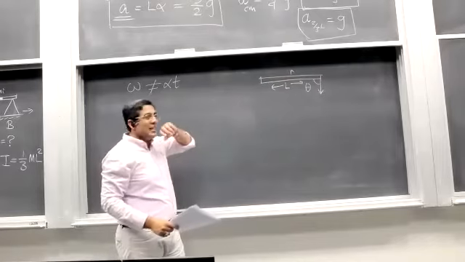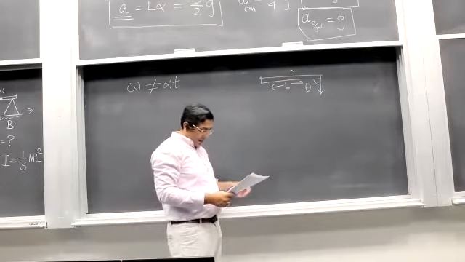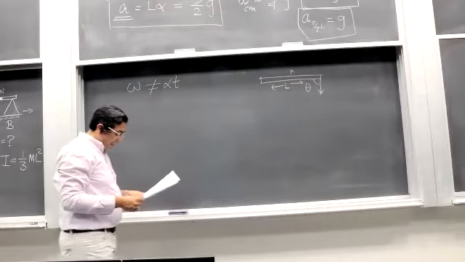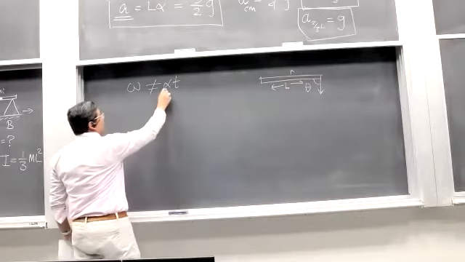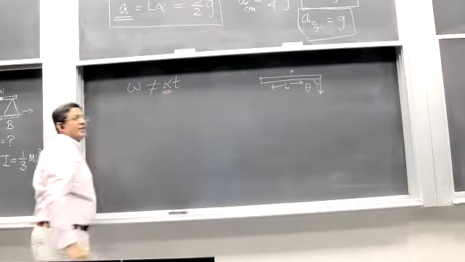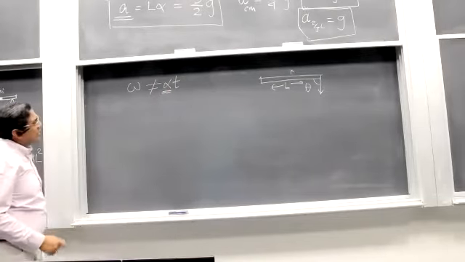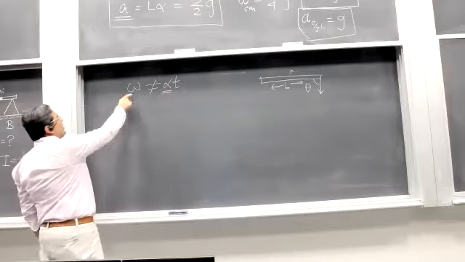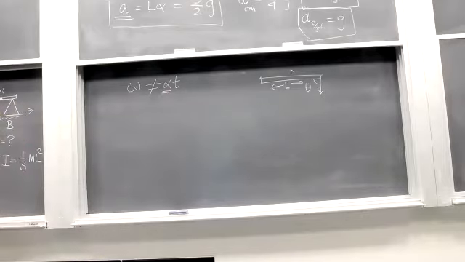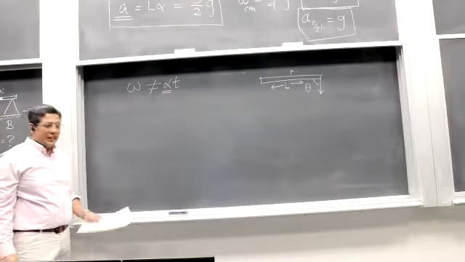If that angle is changing, that means the rotational acceleration alpha keeps changing. So alpha is no more constant. And if alpha is not constant, then we cannot write omega equal to alpha t.